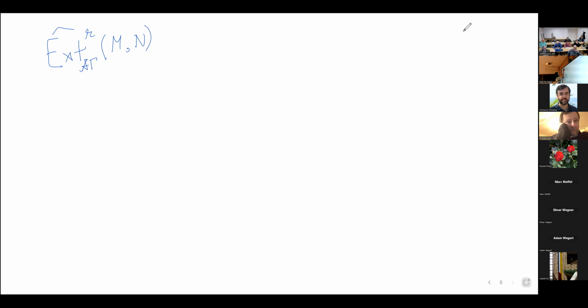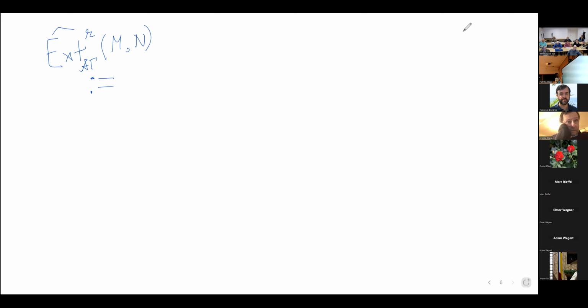By definition, originally there were quite a few competing candidates for these Ext hat groups, but now we know that they are all the same. They're all equivalent.